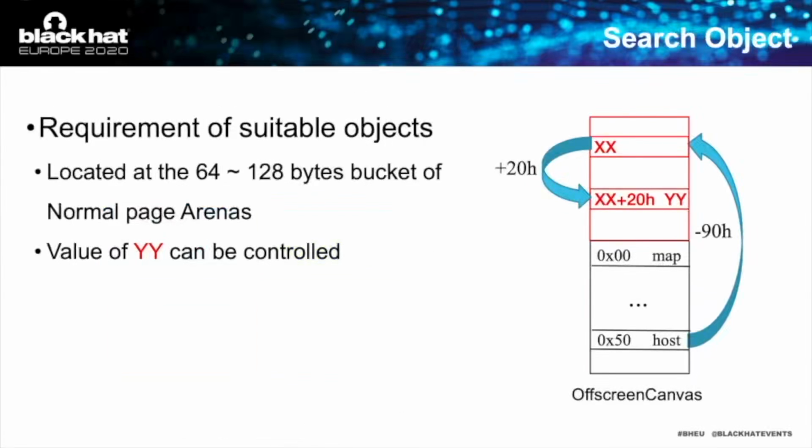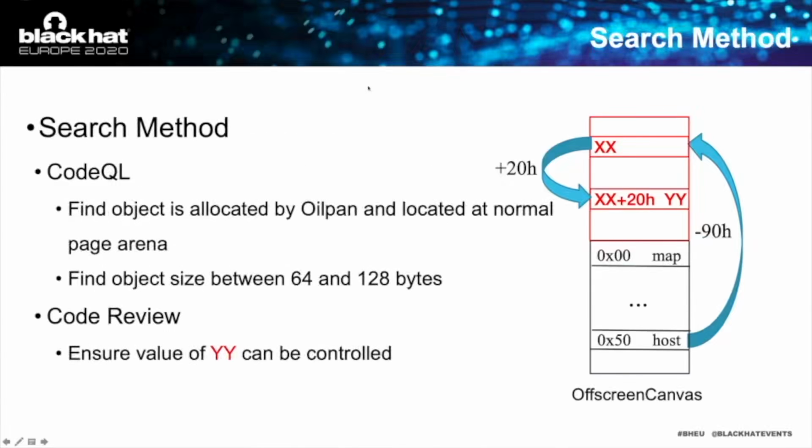The size of offscreen canvas is 0xC0, so we have to find objects located in the 64 to 128 bytes bucket, normal page arenas. Another requirement is that the value of YY can be controlled. How to find it? We can use CodeQL to find objects located in the right memory bucket. Then we have to review the source code to confirm whether the value of YY can be controlled.